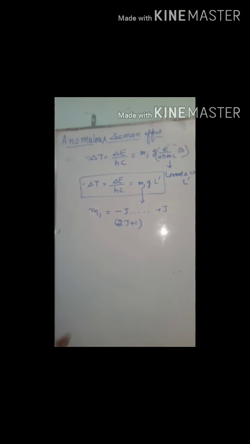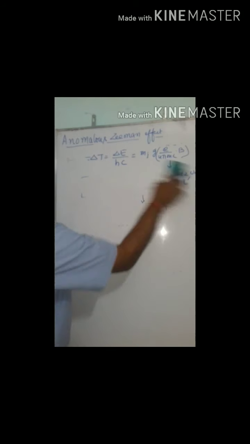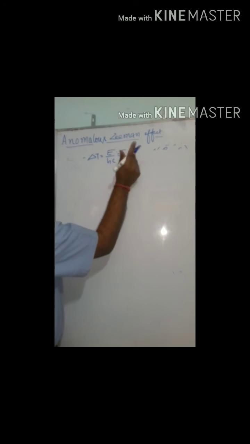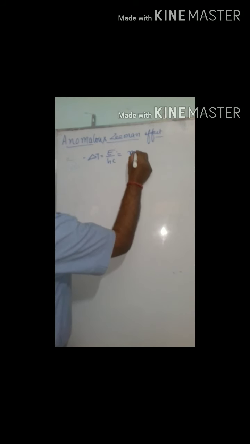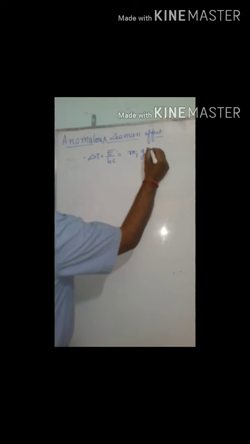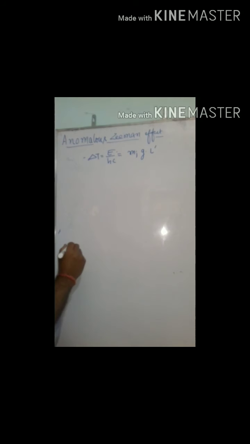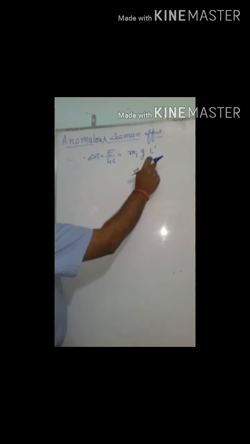Now if I write the terms for, suppose, sodium light that we are considering, then delta T is equal to e upon 4 pi mc, and that came out to be mj into g into L dash, where L dash I have explained earlier.